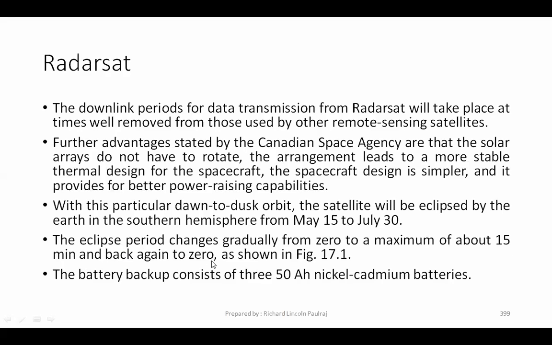The battery backup is actually not needed, because it's for a very short duration, so solar cells can be utilized. But if the levels go too low, then immediately the batteries are utilized, but it's very rare. They are not using lithium ion, but they are using nickel cadmium. These are high performance batteries.